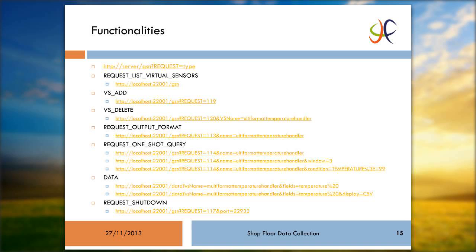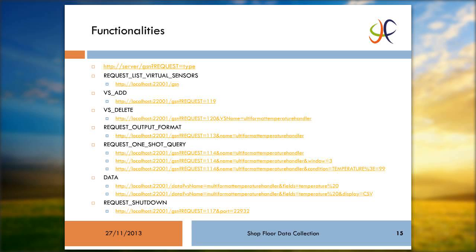You can write different types of queries to acquire data from the specified virtual sensors. The first one will give all the data, the second one will give you the data for the last 3 occurrences, and the last one will give you the data based on the condition that the temperature is greater than 99. And the other one is to acquire the complete set of data.